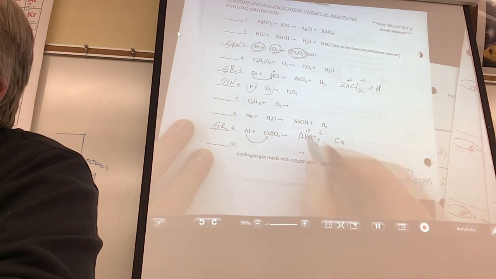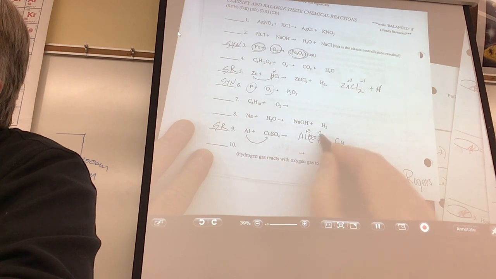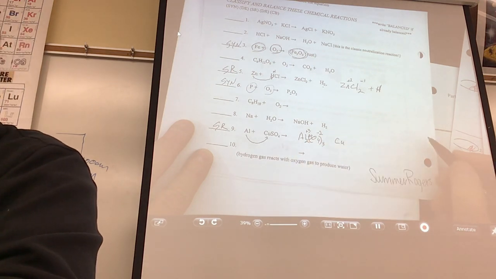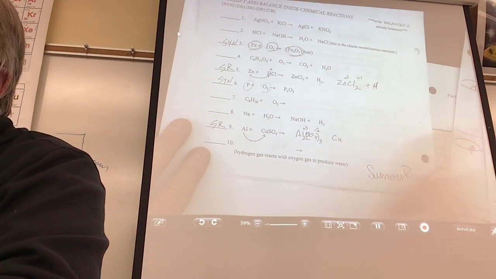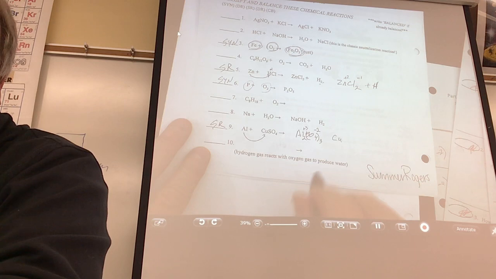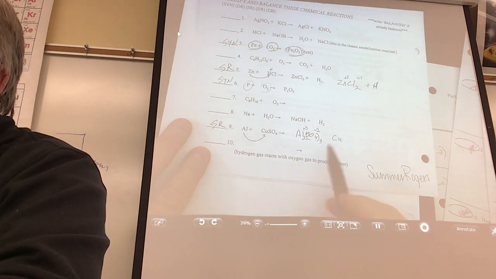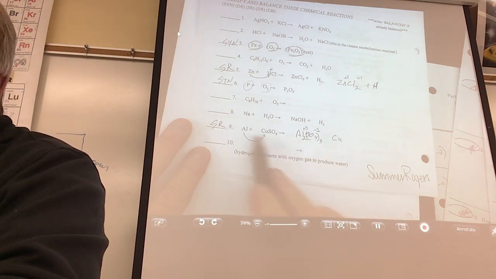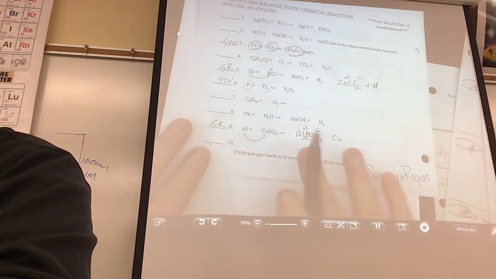So you have to have 3 sulfates and 2 aluminums. Everybody see that? It's not cut and paste. It says aluminum is going to form a compound with sulfate the same way we did last chapter. Now, it should bother you because you notice that there were 2 aluminums here and only 1. We're going to fix that when we balance the equation. But right now, this is the idea of what's going on.